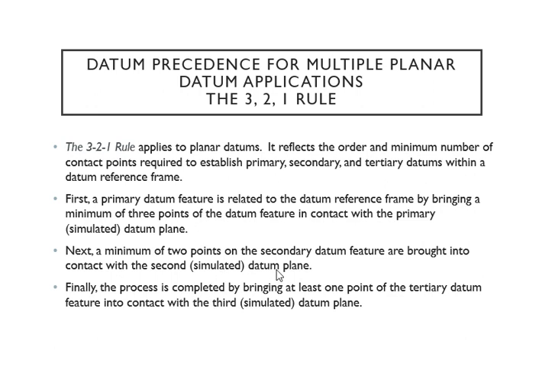Then you need 2 points on the secondary datum feature brought into contact with the secondary datum plane. So the points have to be in connection with that datum plane. 3 points have to be in connection with the primary datum plane, and then 1 point has to be in contact with the tertiary datum plane.